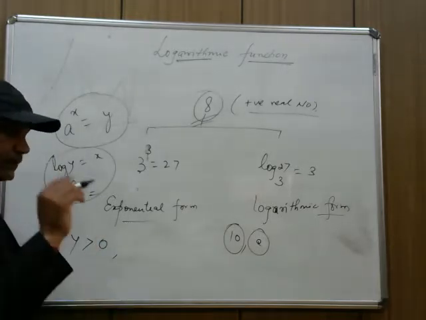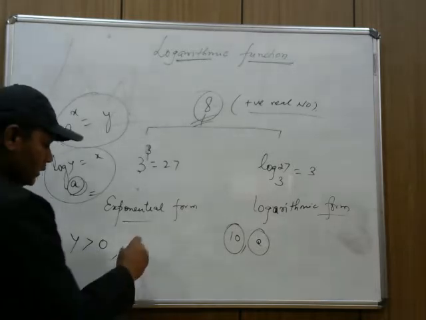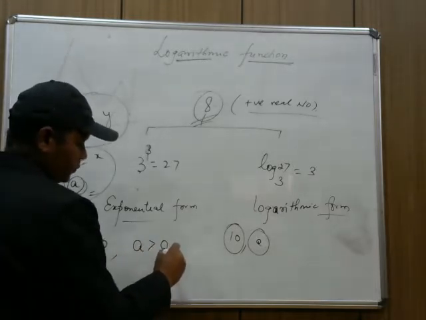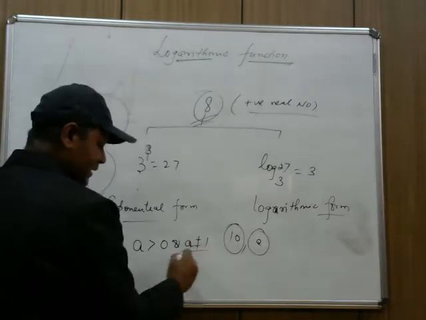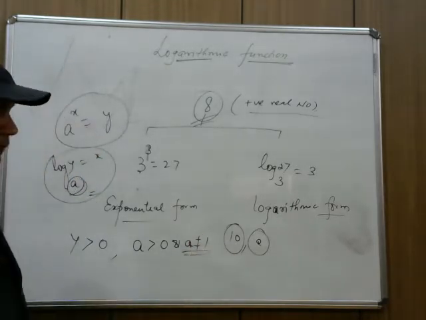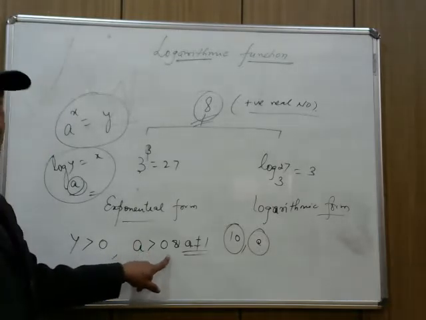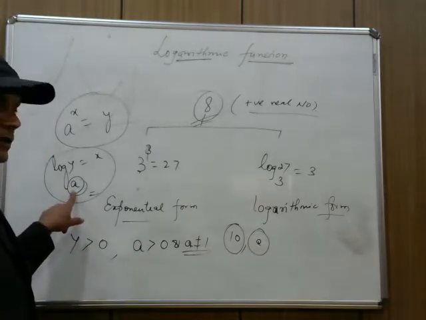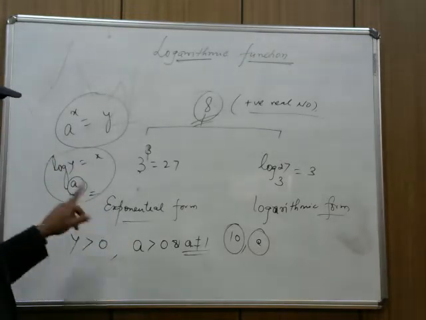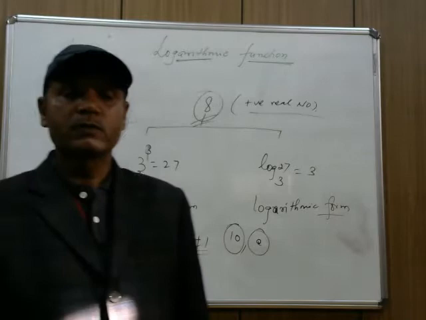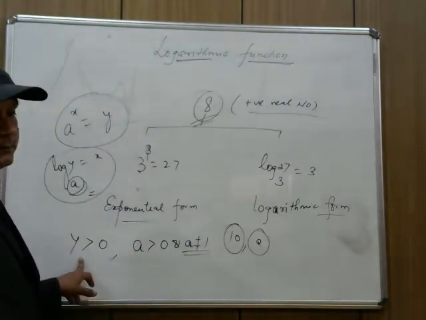Very important. Second, the base a should also be greater than 0 and a should not be equal to 1. Why a is not equal to 1, right now I am not talking about. Just the base should be greater than 0, and the number of which we find the log should also be greater than 0.